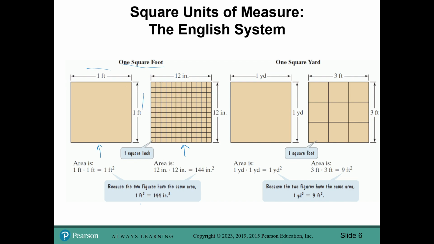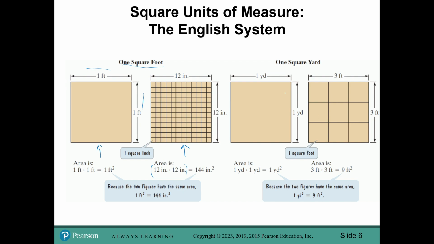It means that 1 foot squared is the same thing as 144 inches squared. Take that in for a minute. So 1 foot squared isn't the same thing as 12 inches squared. 1 foot squared is the same thing as 144 inches squared. Because we actually have to square that 12 on the inside because here we have the double multiplication by it right there.